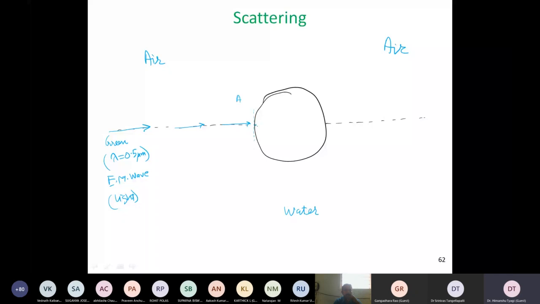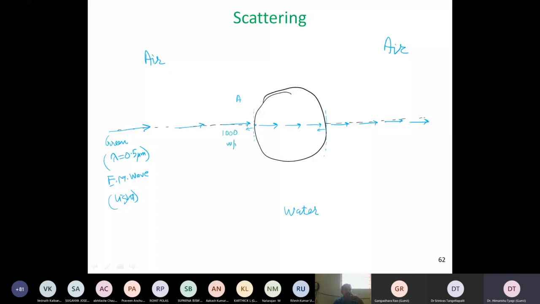But because it is normally incident over here, a small portion of it will be reflected back. The majority of this intensity will continue traveling in a straight line over here. Then it will see a second interface over here. Then again some small portion will get reflected, but the majority of it goes in the straight direction. So it's a very simple phenomenon. I may put some numbers over here.